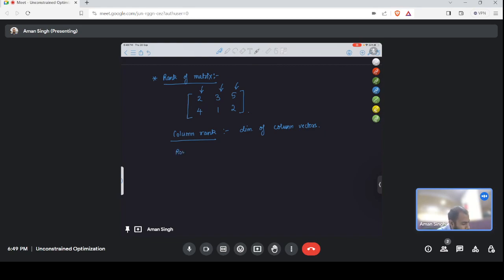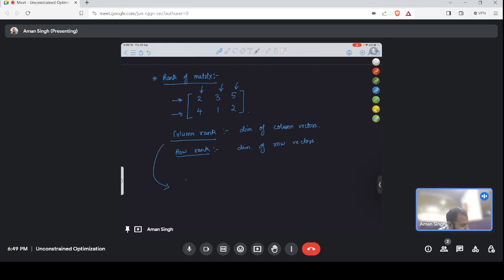There's also something called row rank, similarly the dimension of the row vectors. The row vectors span some subspace, and the dimension of that subspace is called the row rank.